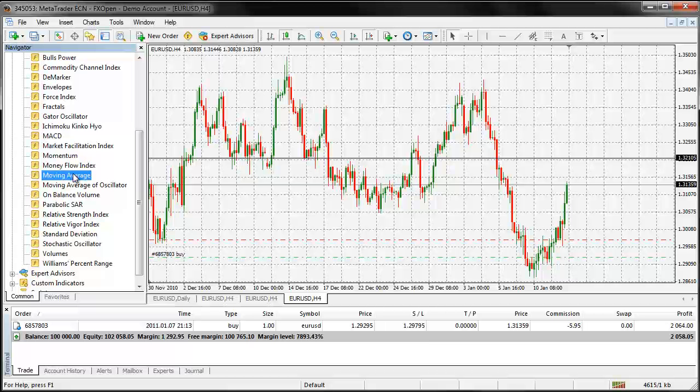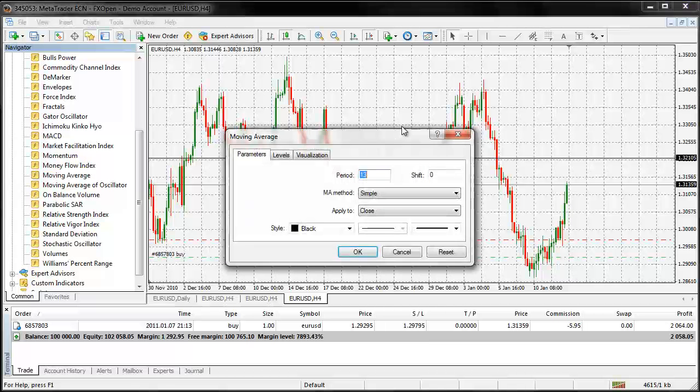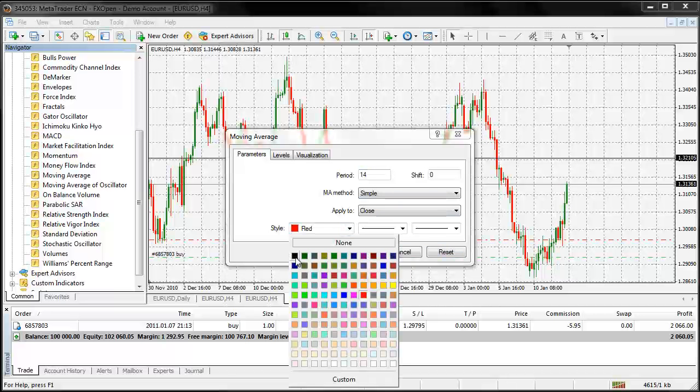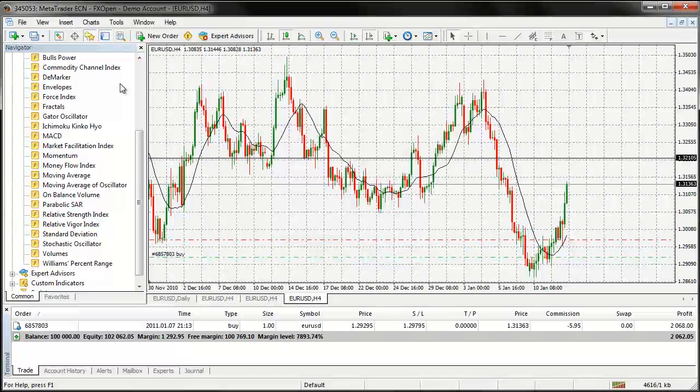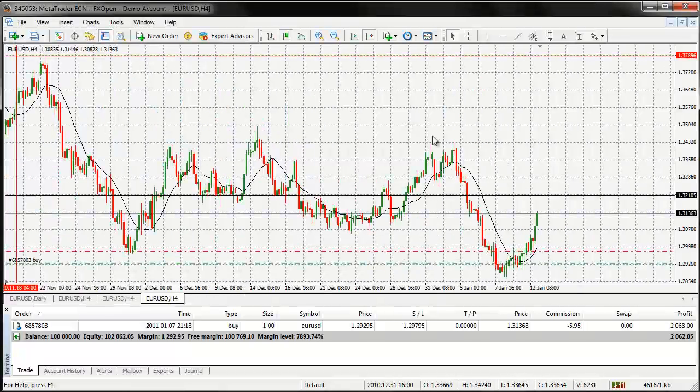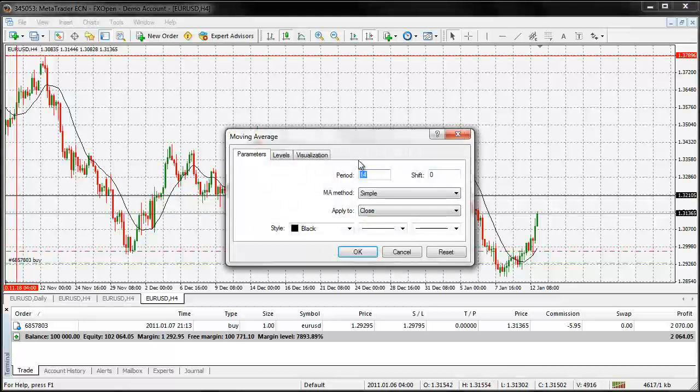Okay, and what it basically does is, just go ahead and apply this on the chart first of all. I'm going to reset that, and I'm just going to leave that black so everybody can see it. Now, what this basically does is it calculates the previous 14-day periods, and it applies a moving average of simple.